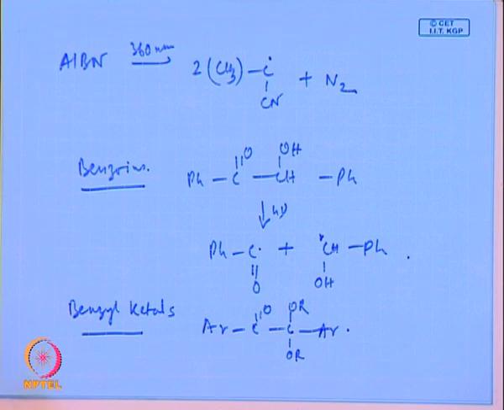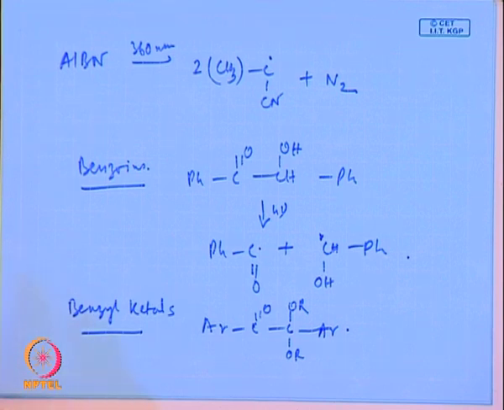Now, the advantage of these photochemical initiators is that you can do your polymerization reactions locally. If you have a reaction mixture, and you cover some part with an opaque material, then the part which is exposed to the light will get polymerized.